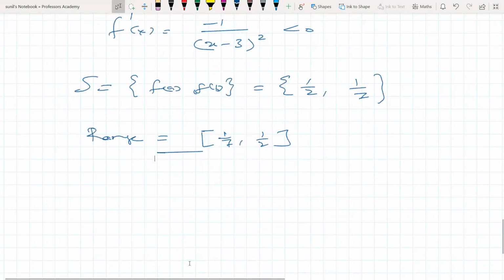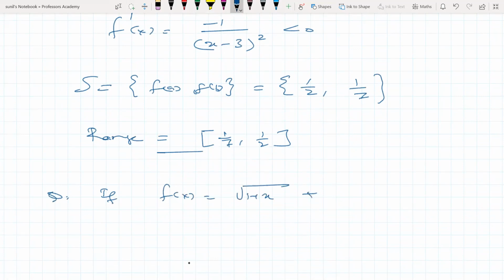This is the approach. Now, sometimes the derivative may also be zero somewhere. For example, let me give f(x) equal to square root of 1 plus x plus root of 2 minus x. Maybe they can give the domain also, but here they are not giving.